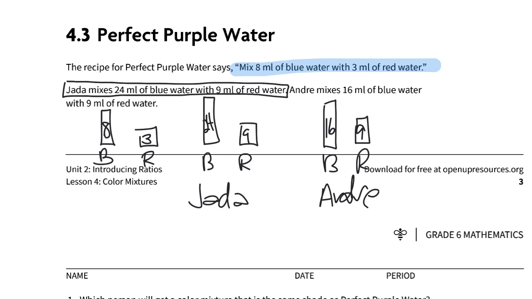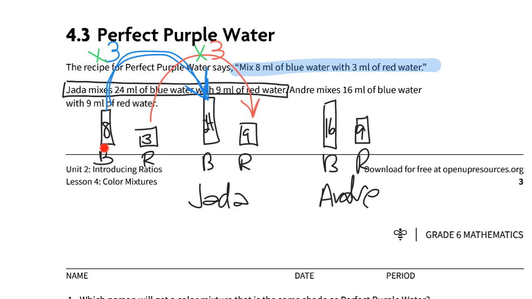Well, if we think about this, Jada took the original 8, and it looks like she tripled it to get 24, and then she took the original 3 of red, and she also tripled it to get 9. So it looks like Jada, and I'm going to put a little times sign here, times 3 and times 3. So it looks like she perfectly tripled the recipe.